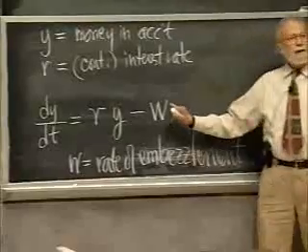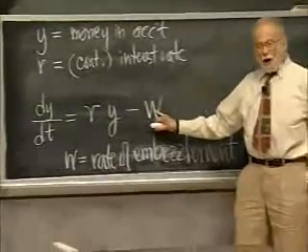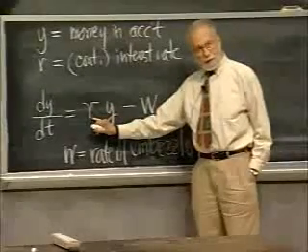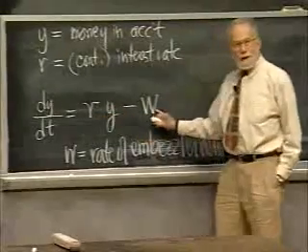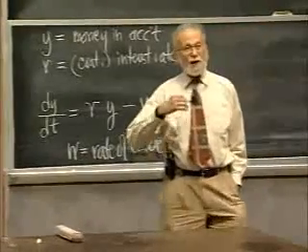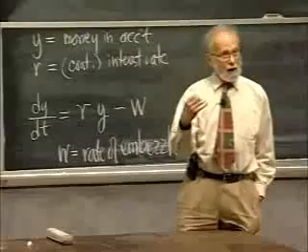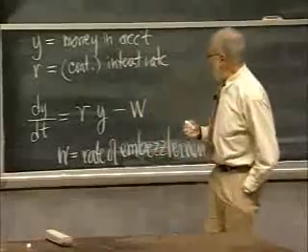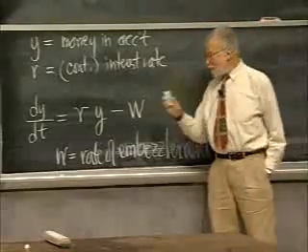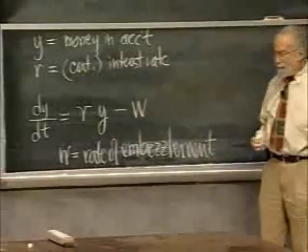So since it's a time rate of embezzlement, I simply subtract it from this. It's not W times Y because the embezzler isn't stealing a certain fraction of your account. It's simply stealing a certain number of dollars every day, the same number of dollars being withdrawn from the account.